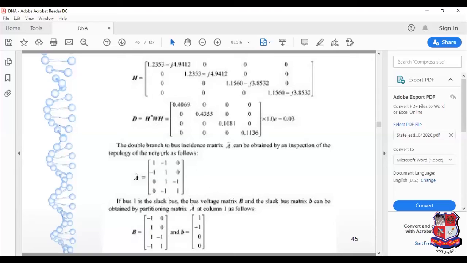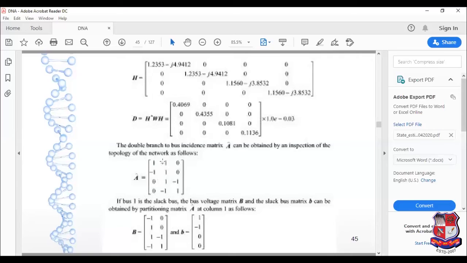Now after forming the incidence matrix, we have to assume that bus number 1, or any bus number, will be a slack bus. Here in this case, we have determined that bus number 1 will be our slack bus. So small b is nothing but this column. We have separated out small b, the first column of my incidence matrix, and its elements are 1, -1, 0, 0, 1, -1, 0, 0.